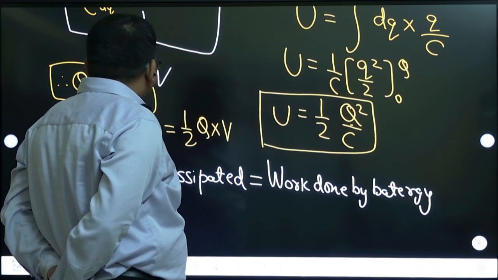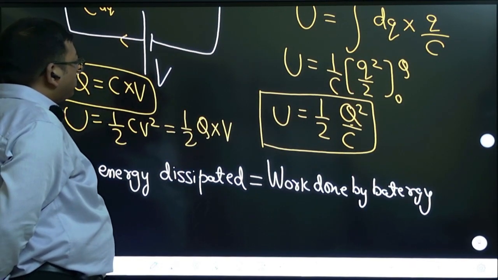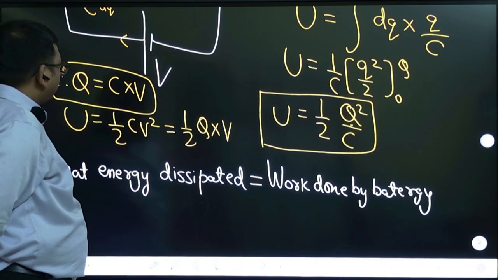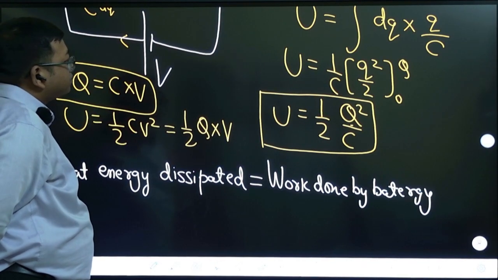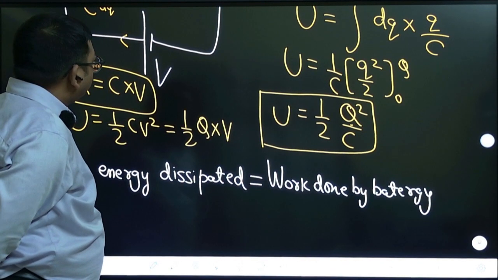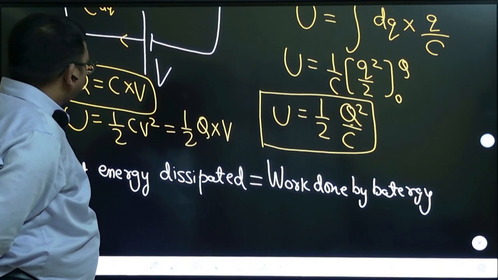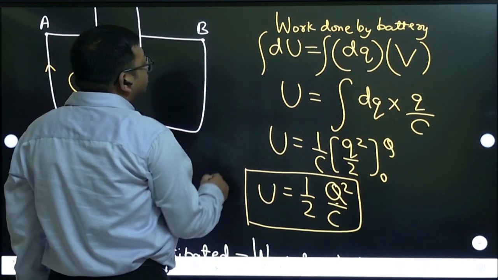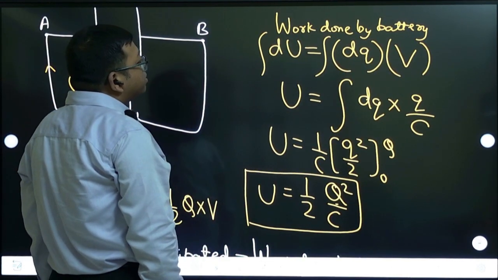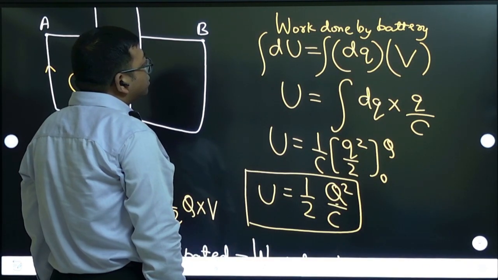C into V. And energy which is stored is also half Q into V. So the work done by the battery... See, I think one minute here, what we have written now, this is not the work done by battery, it is the energy stored.